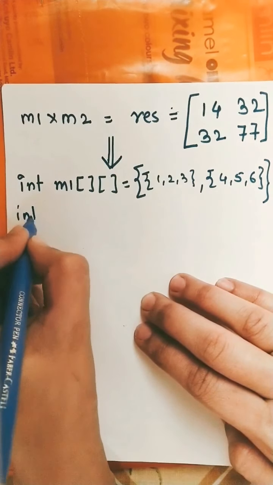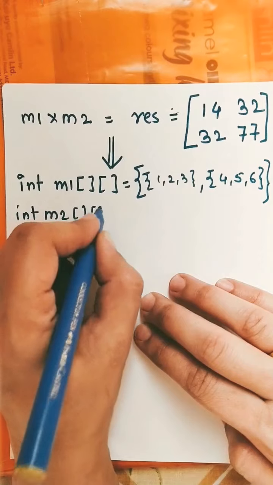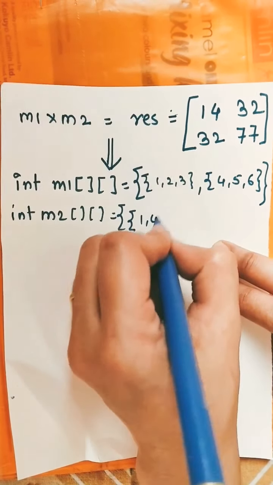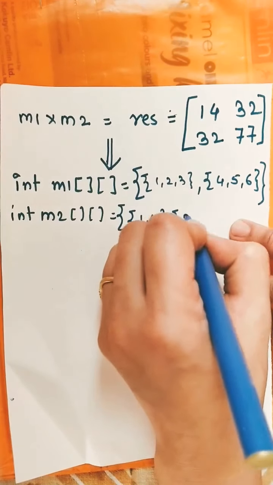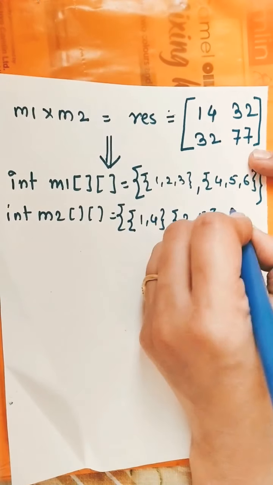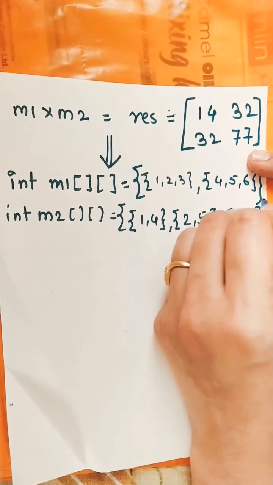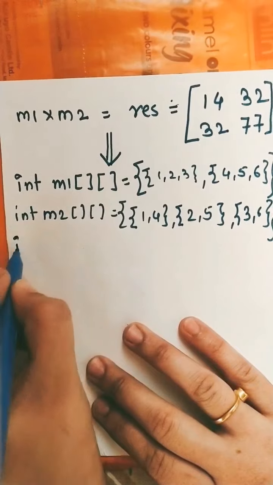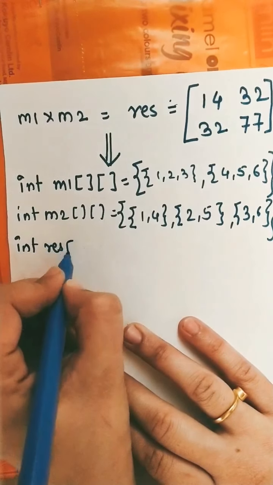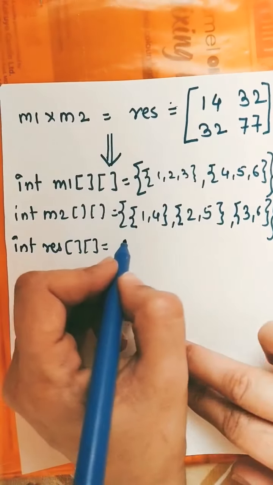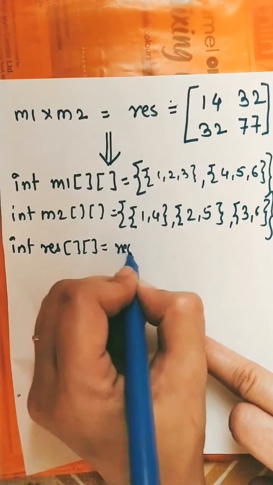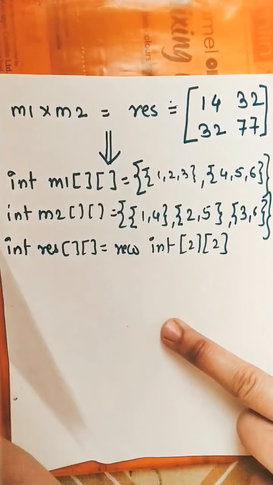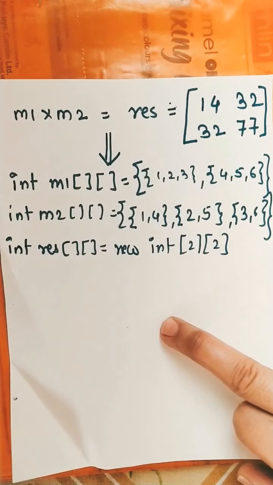Next, integer m2, which has values 1, 4 in the first row, 2, 5 in the second row, 3, 6 in the third row. This is our input matrices, and as we discussed, the resultant matrix is going to be of size 2 by 2, so we will instantiate it with size 2 by 2. This is our input and output.